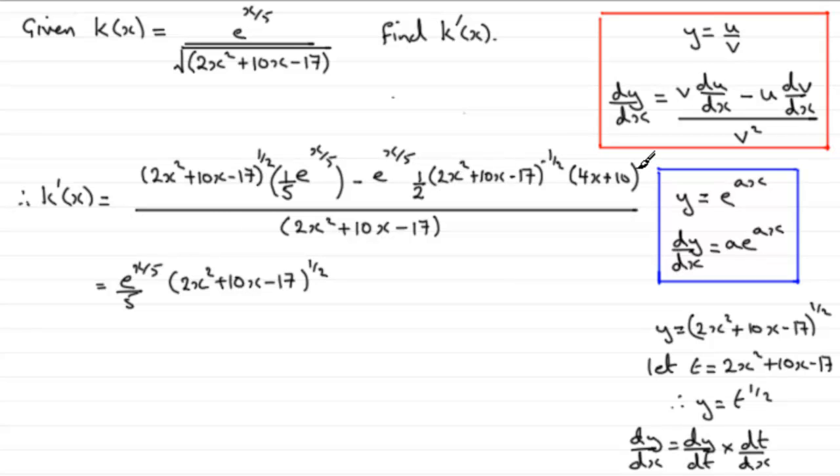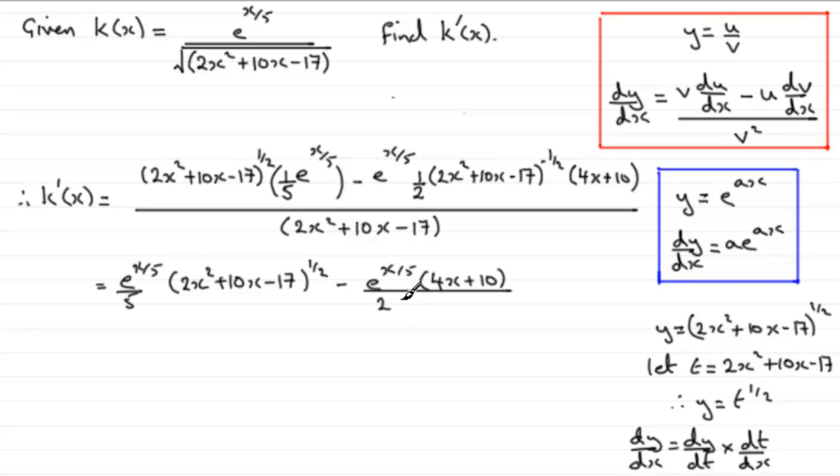Now this second term here, if we tidy it up, we've got this power minus a half. So that's the same as 1 over 2x squared plus 10x minus 17 to the power half. And so we can rewrite this as e to the power x over 5 multiplied by 4x plus 10, and then we've got the 2 here multiplied by 1 over, as I said earlier, 2x squared plus 10x minus 17 to the power half.